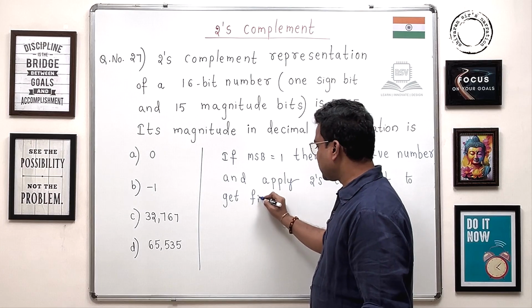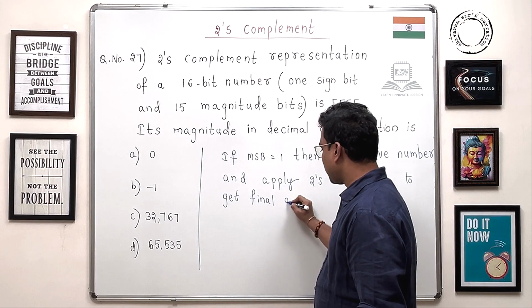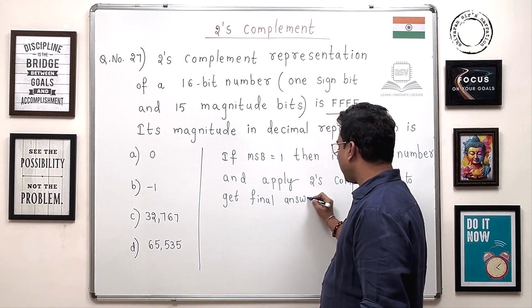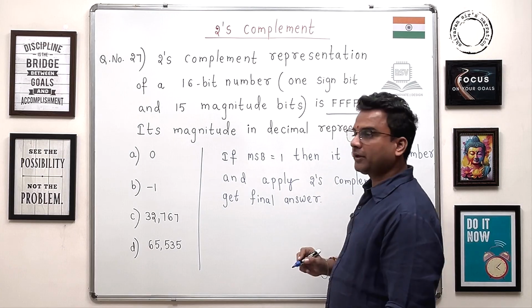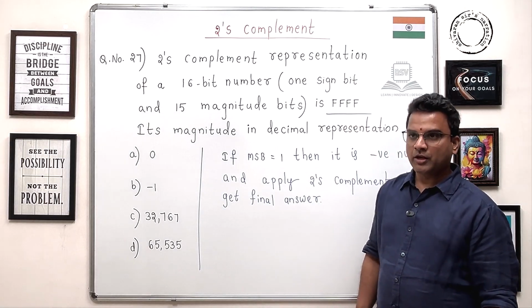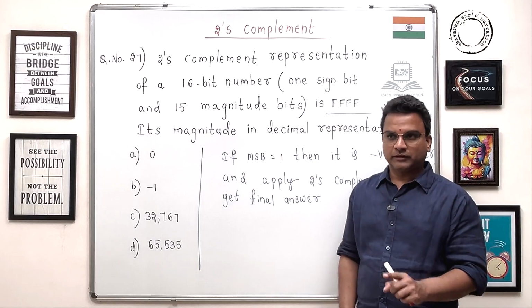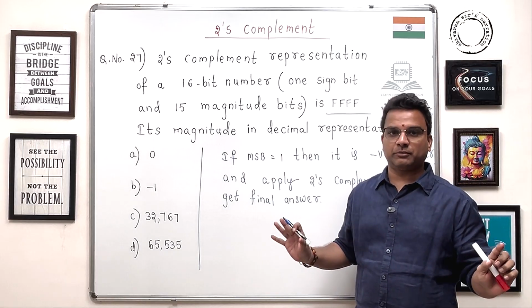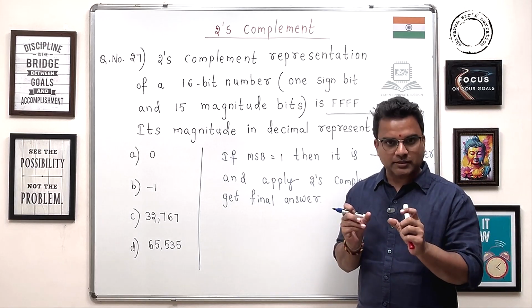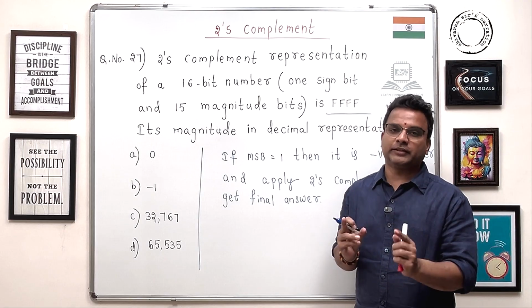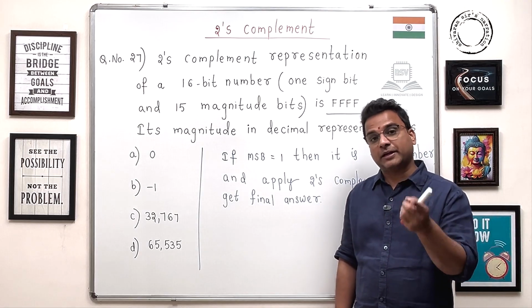Okay, so this is the procedure to convert a 2's complement number into decimal representation. In our sequence, if the MSB is 1, then it's a negative number. To get the final answer, you apply 2's complement again.